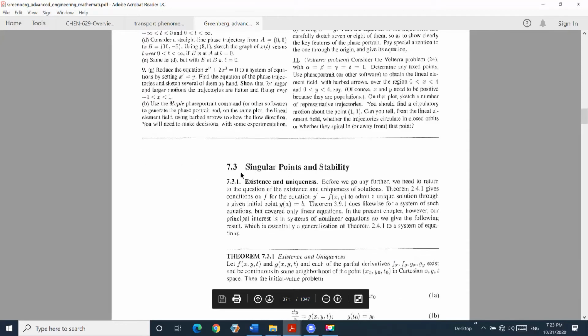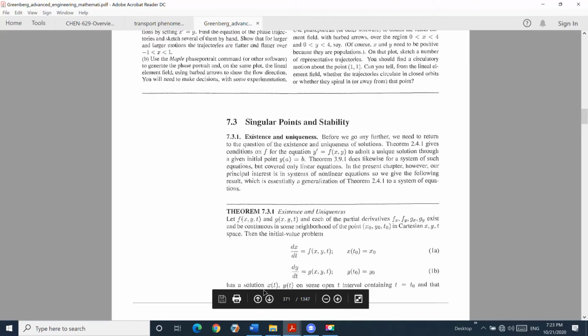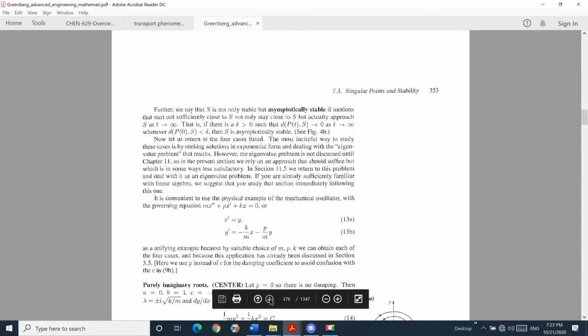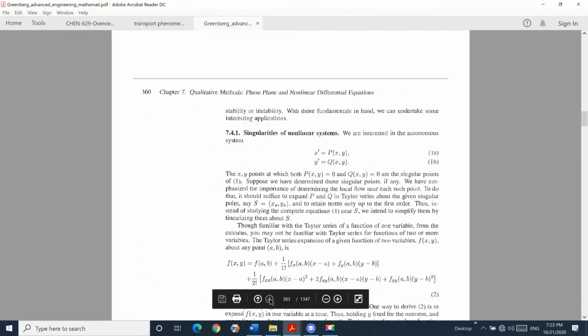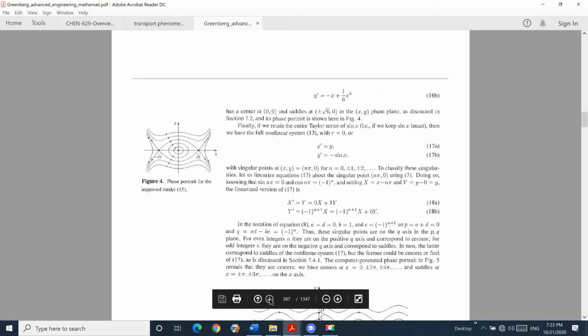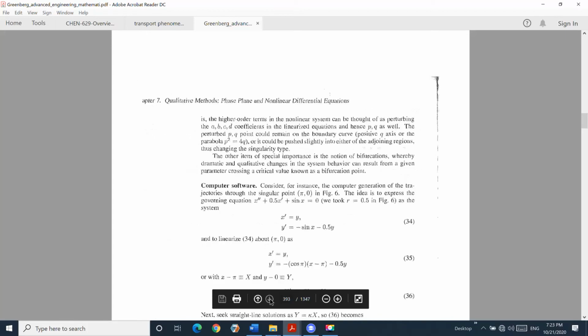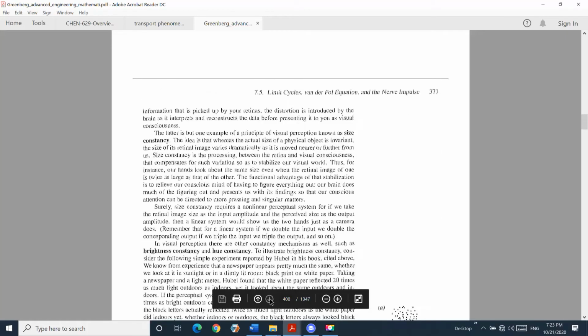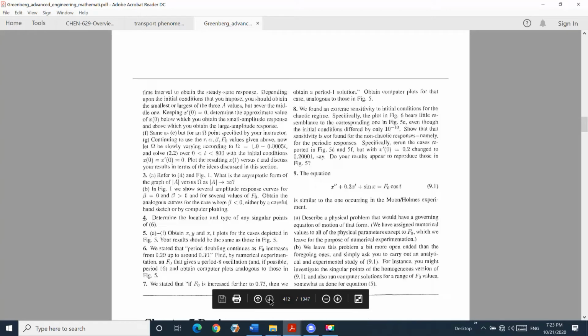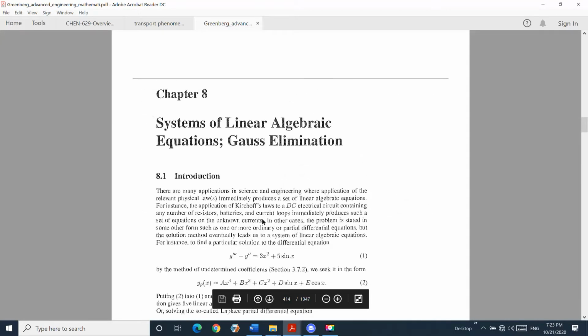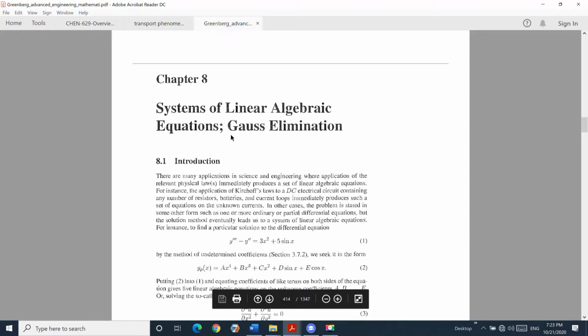And 7.3 covers singular points and stability, existence and uniqueness, two important concepts again here.